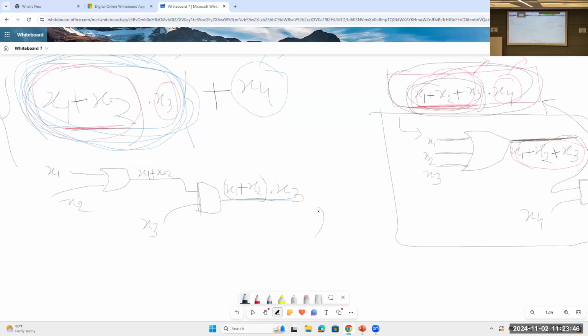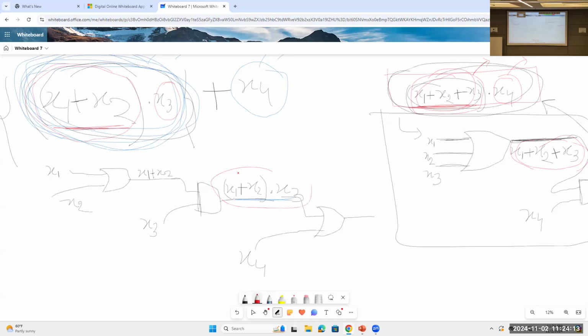So we'll take another OR gate, and the OR gate will take this whole function as an input, x1 plus x2 dot x3, and we have to add x4. We insert x4 as the second input, and this OR gate will just add these two inputs.